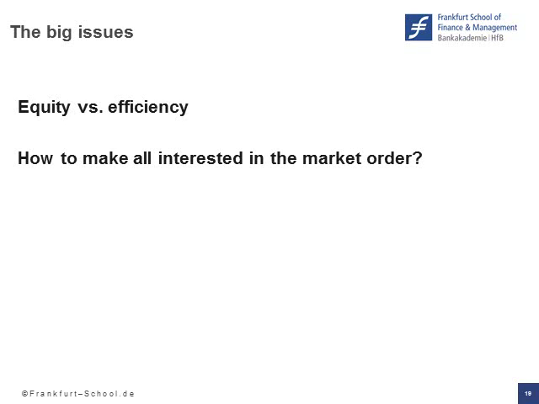Price discrimination can, of course, be an answer to the question of how to make all people interested in the market order. This is something that is bought at a very high efficiency loss. Price discrimination is regulation, and regulation costs a lot of money in the sense of gains foregone.